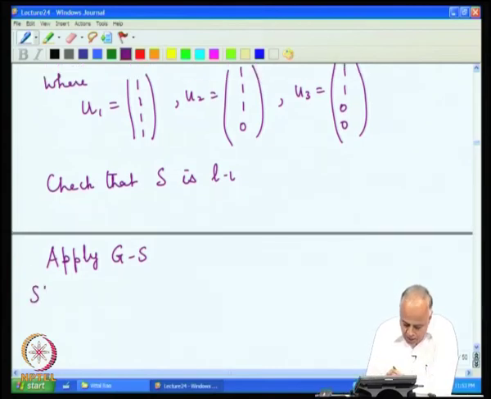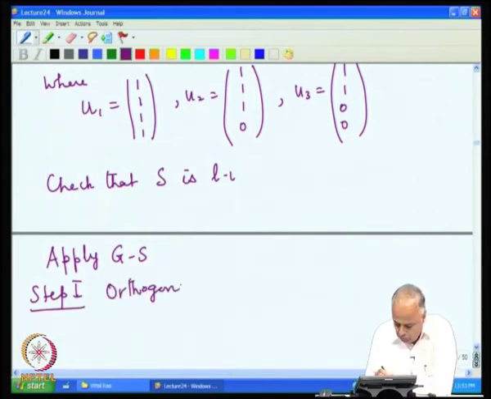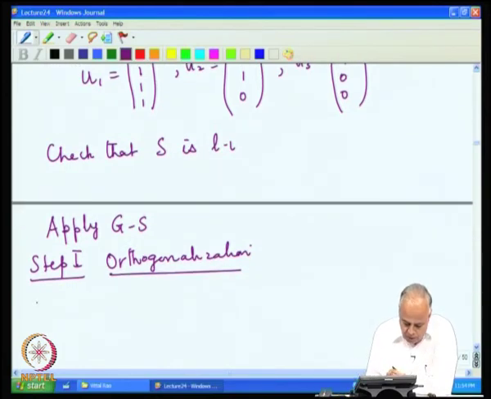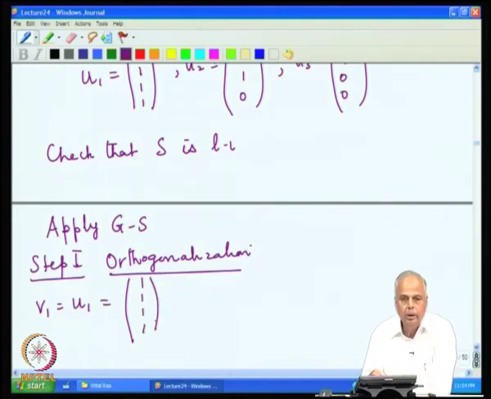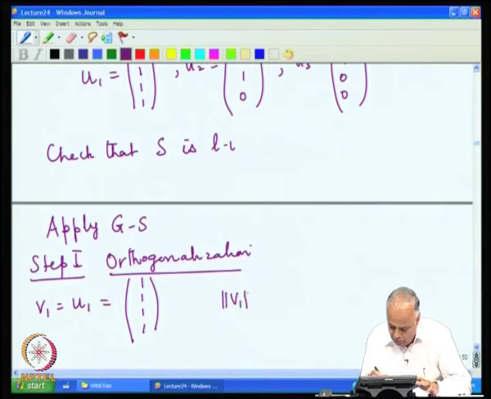So, what is step 1? Step 1 is the orthogonalization process. We are going to look at V1, V2, V3. We first define V1 as u1, which is 1, 1, 1, 1. In the calculation, we are going to use the norm, so the length of V1 squared is 4.